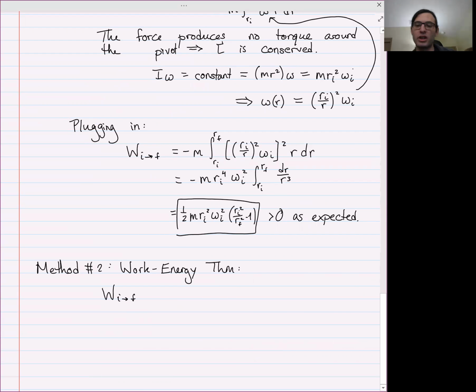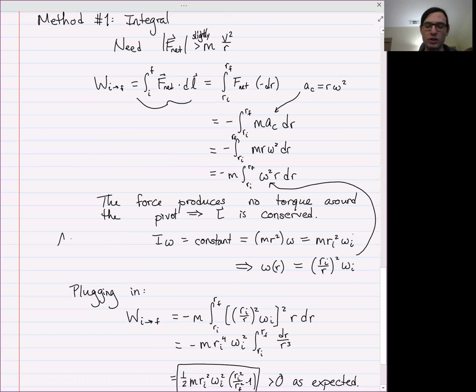So this is angular momentum conservation. I just used the fact that the angular momentum is always constant, that I times omega has to be constant. And then I just wrote out what I is as a function of R and what omega is as a function of R. And then I multiplied them because that's the angular momentum.